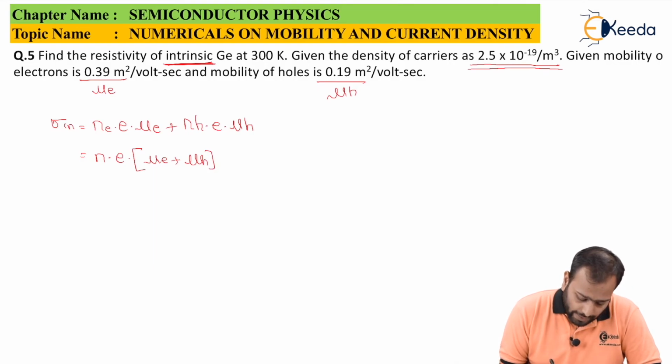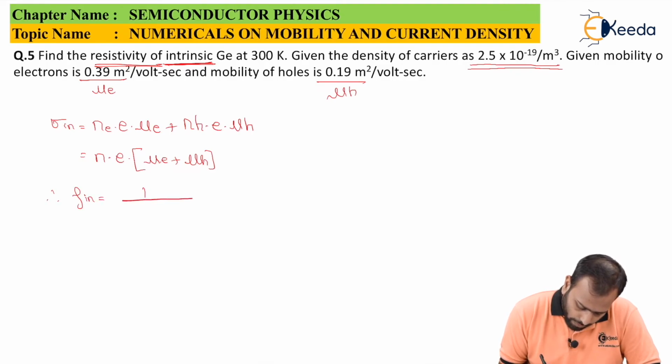I need to find the resistivity, so I need to take the reciprocal of this. Therefore, the resistivity of the intrinsic semiconductor is 1 upon N into E into mu e plus mu h.